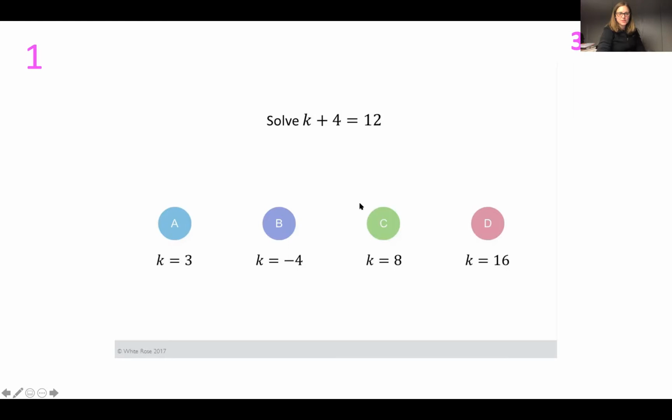Time's up. Too easy. Make sure you use that balancing method though. Just because it's easy doesn't mean you can be slack and not use the right method. The answer is 8. Next question.